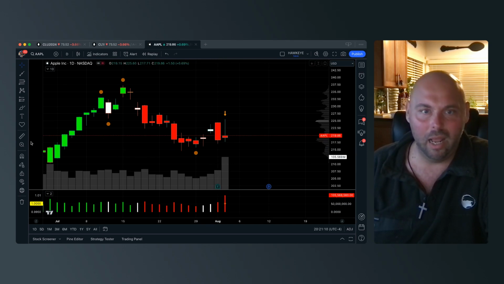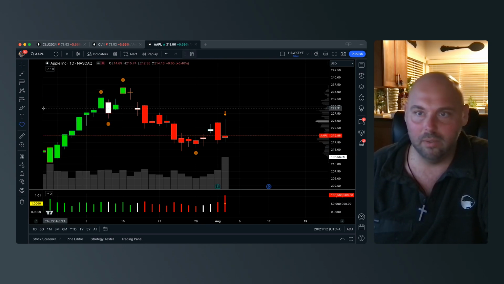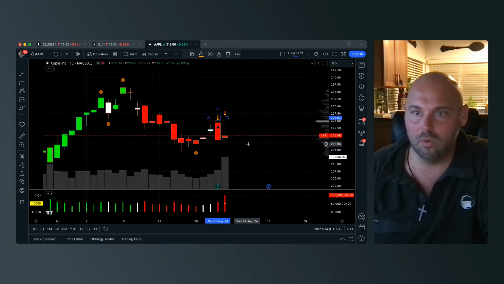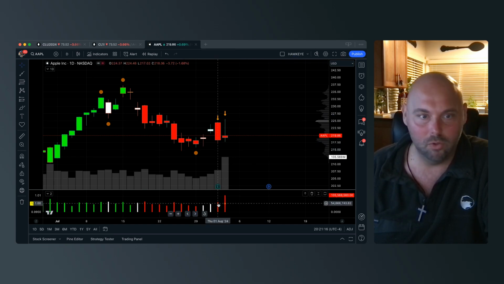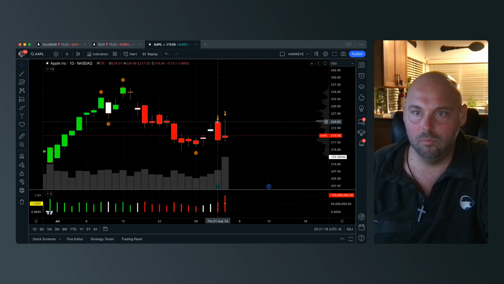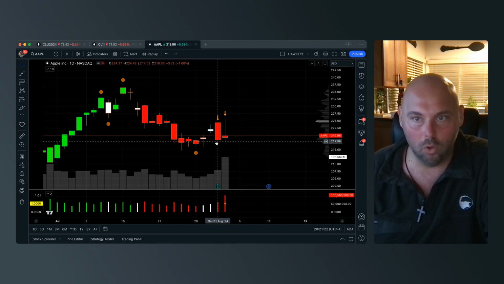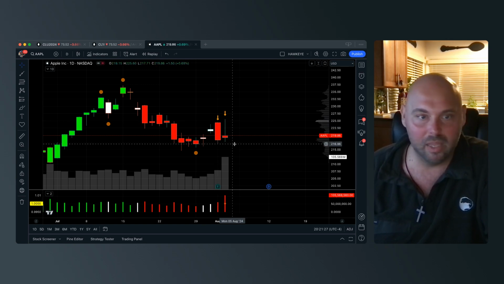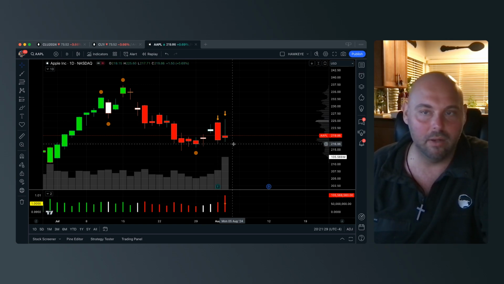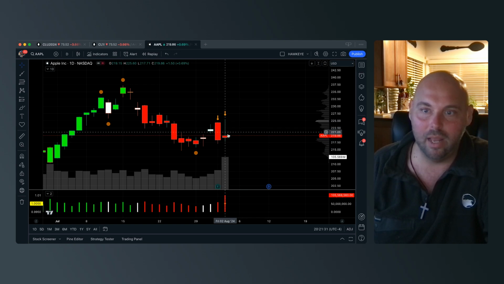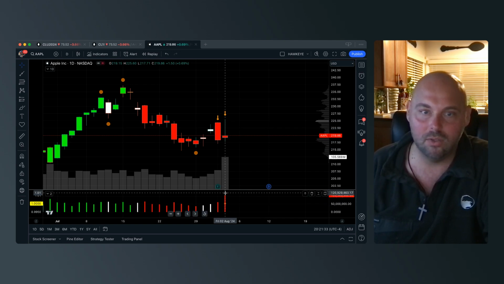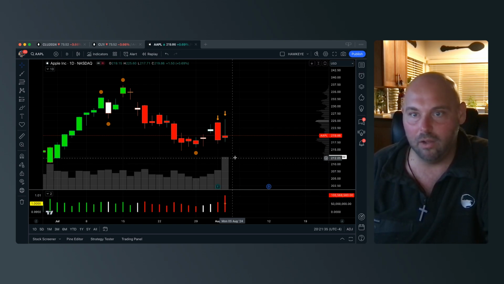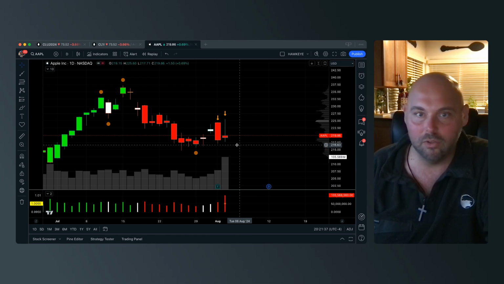Now take a look at the candle prior to it. Less volume, more significant candle, right? That's a full-bodied candle, open at the high, close in the bottom probably 15th percentile. Whereas the next candle, we see this surge in selling volume, but really failure to make a new low.